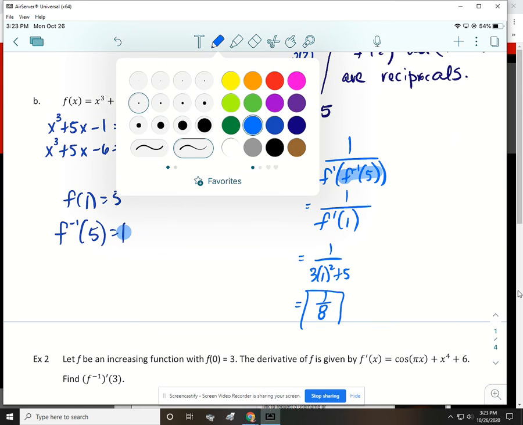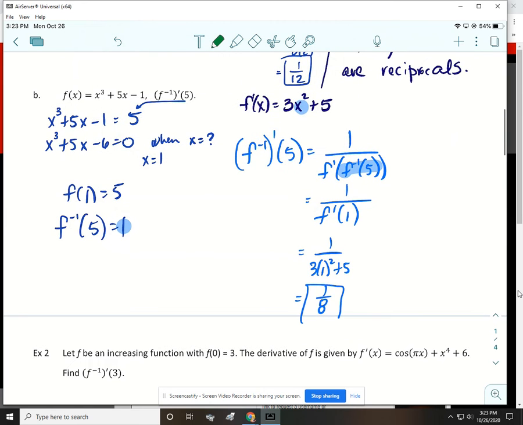All right, and then one more time, just to keep this reciprocal thing in your head. So I know looking at f of x that I have the point 1, 5. For f inverse of x, I have the point 5, 1.